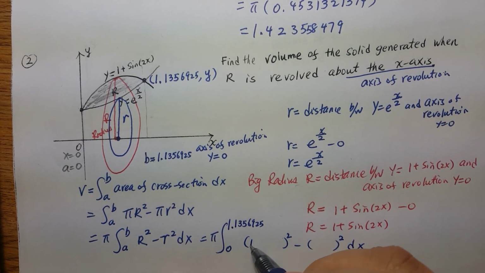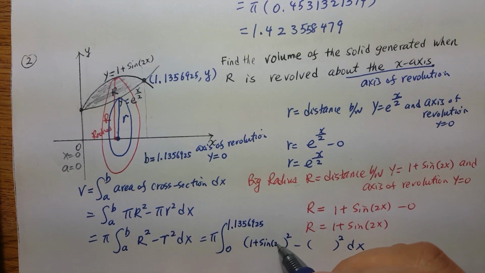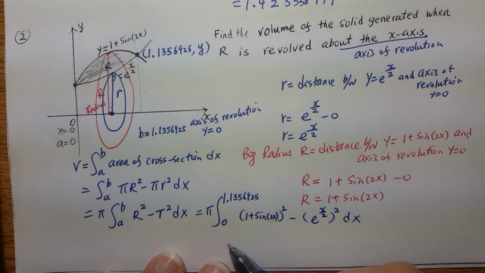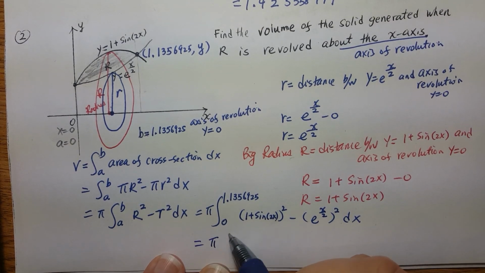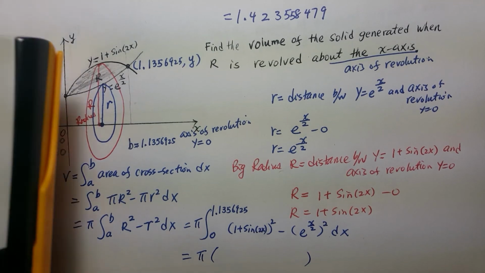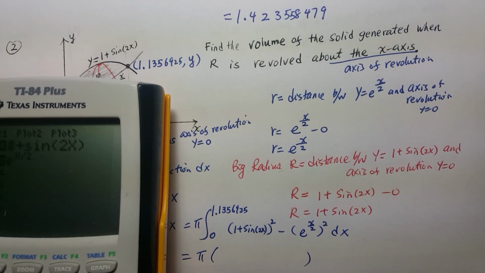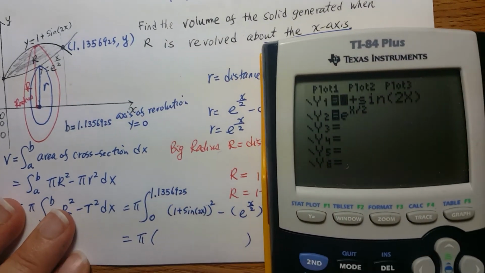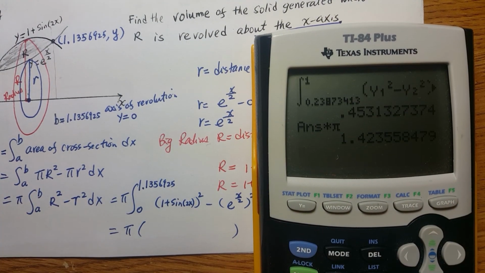Big R is 1 plus sine 2x. Small r is e to the x over 2. Now I'm going to type this into my calculator. I already had my 1 plus sine 2x and e to the x over 2 as y1 and y2. So now we just go back.